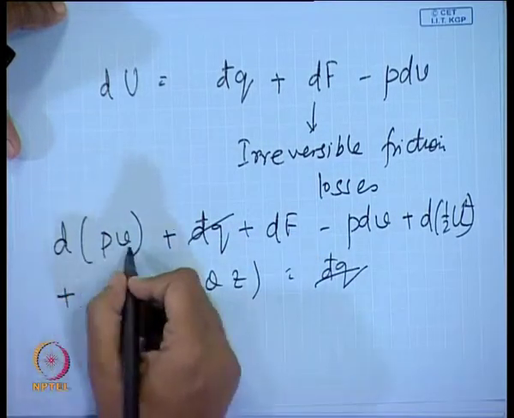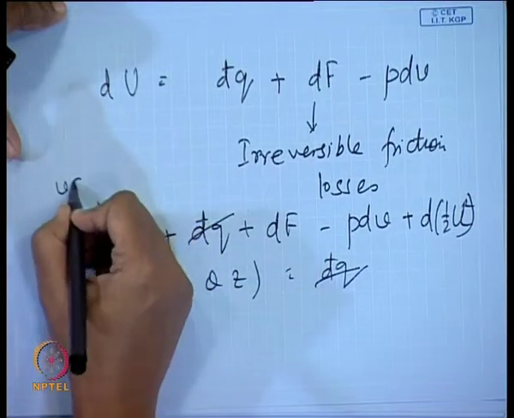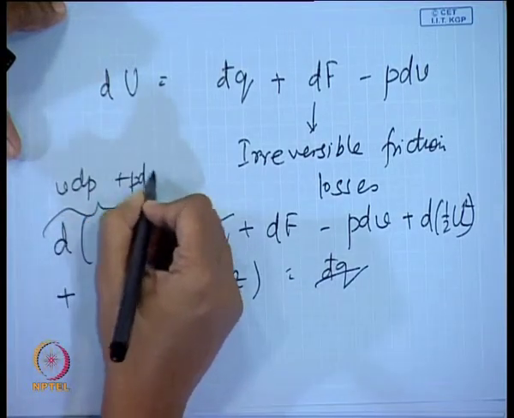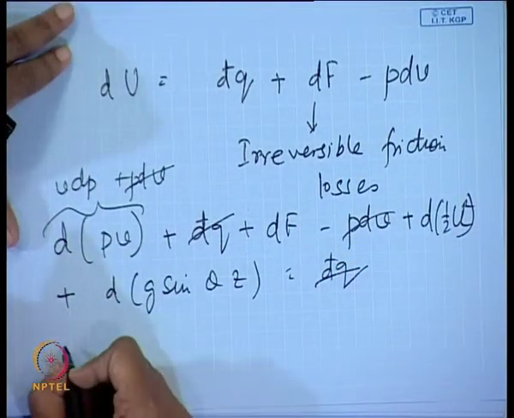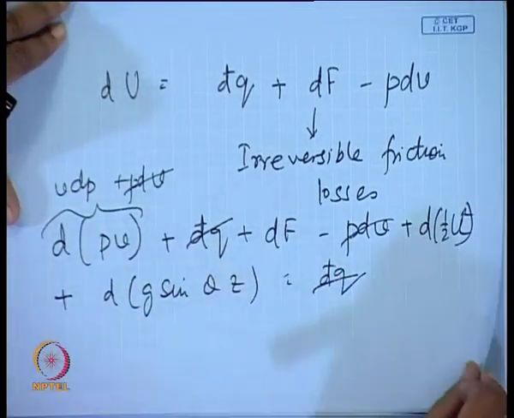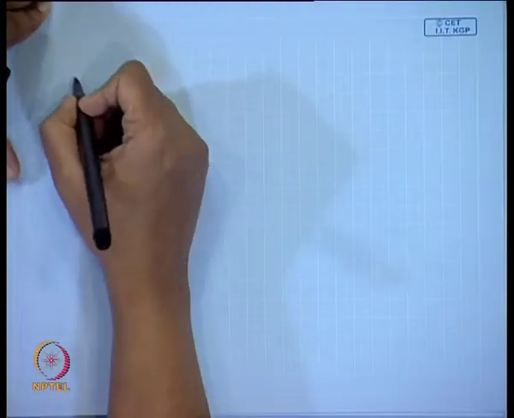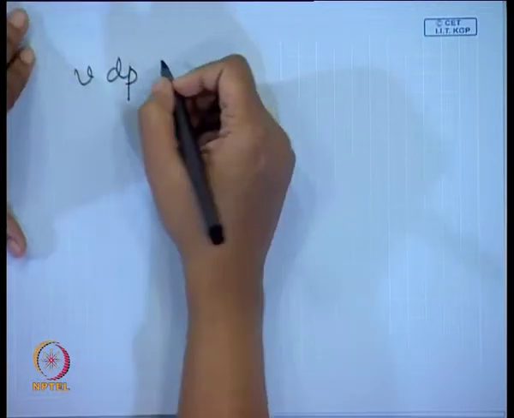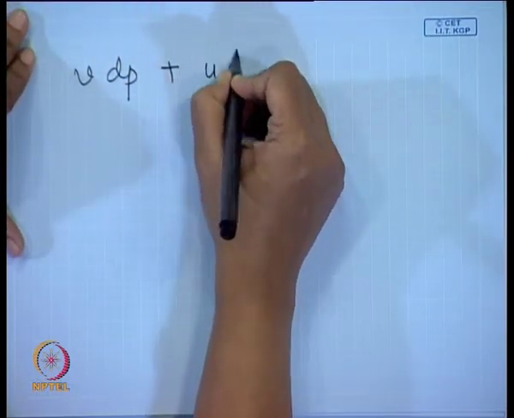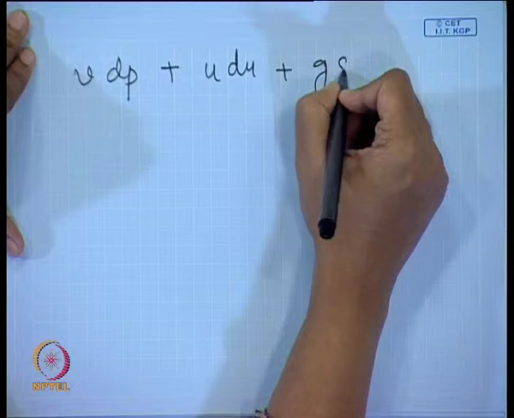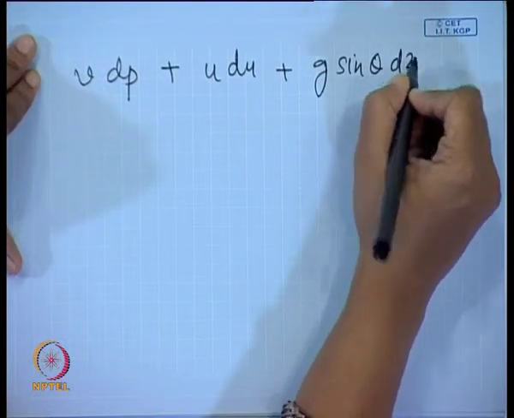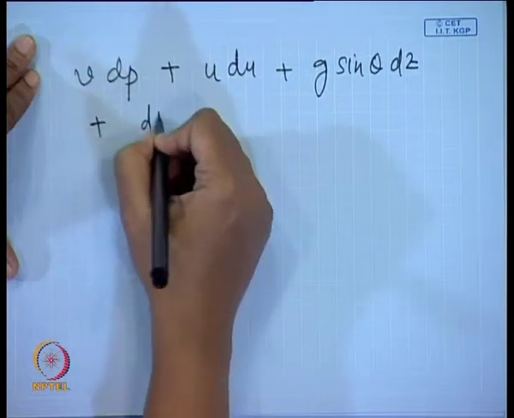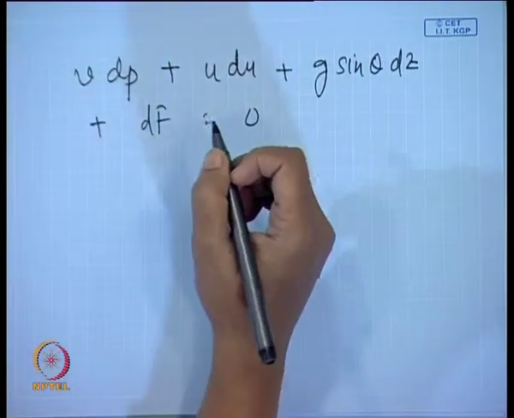These cancel out, this can be written as v dp plus p dv, so these also cancel out, and finally we get an expression: v dp plus u du plus g sin theta dz plus df equal to 0, right.